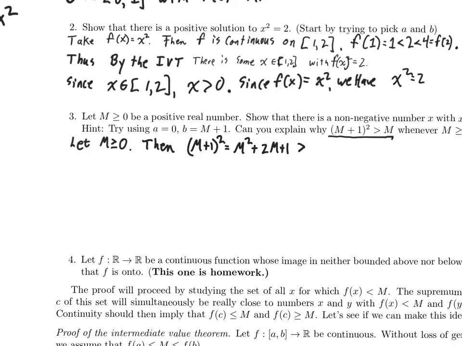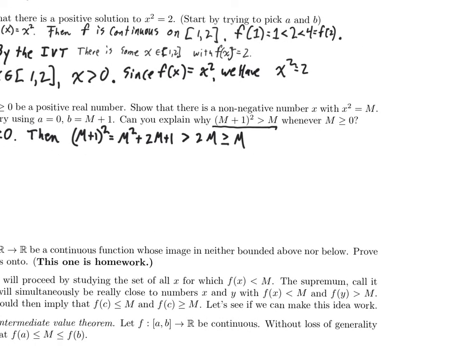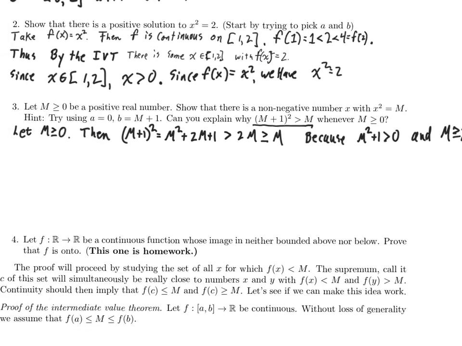So that will be bigger than just 2m, which in turn will be bigger than or equal to m, because m squared plus 1 is bigger than 0. Thus, you can erase m squared plus 1 and get something smaller. And 2m is bigger than or equal to m because m is bigger than or equal to 0. So using those two facts, we get this chain of inequalities.